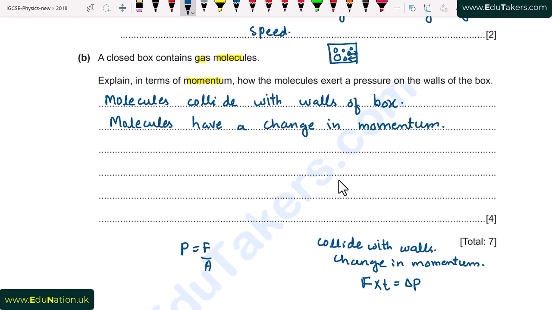Because when the gas molecules collide with the wall, they change their direction and bounce back.